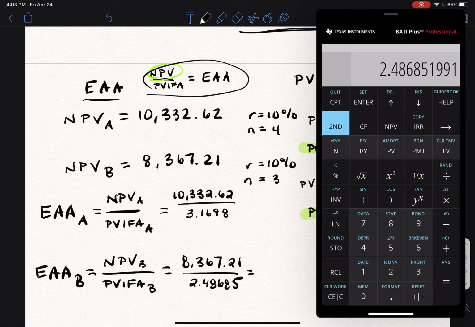All right, so we've got it that far. And so 10, 3, 3, 2, 6, 2 divided by 3.1698 equals 3,259.70. Oh, don't do that. We'll say 71.